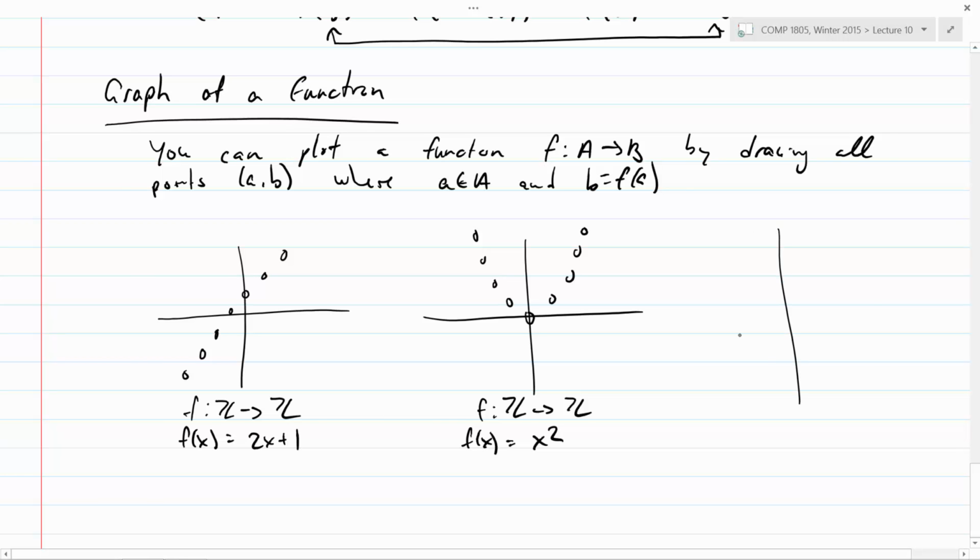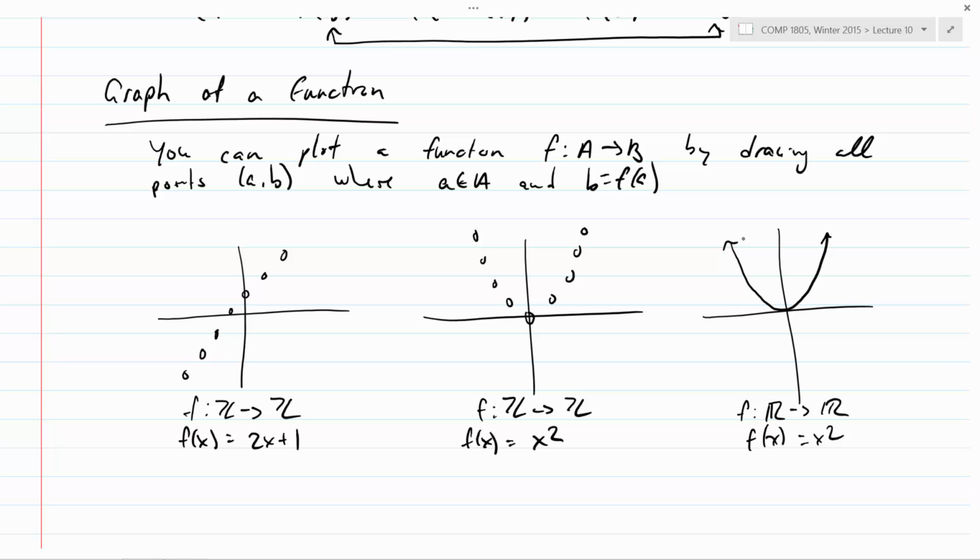If, on the other hand, I had f that goes from R to R, and f(x) was x squared, then I would have the usual parabola shape. Then it would look like that. Are these distinctions clear? So for questions like this, the trick is: is it from the integers to the integers or from the reals to the reals?